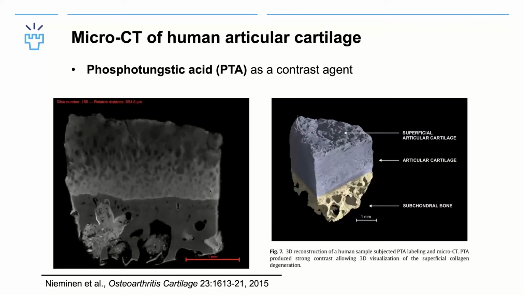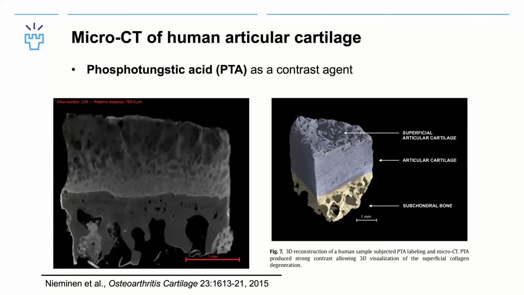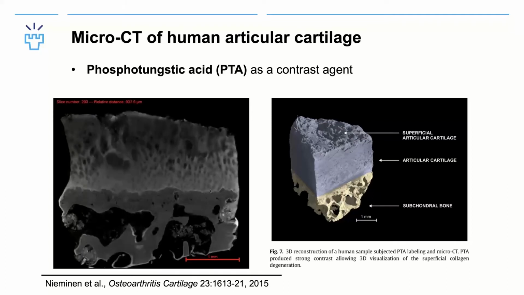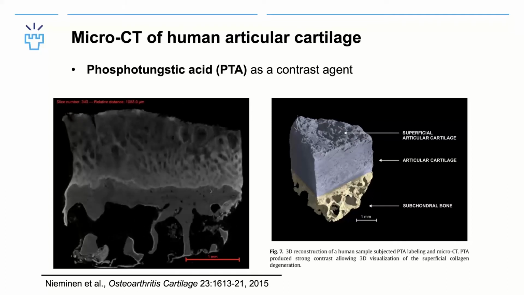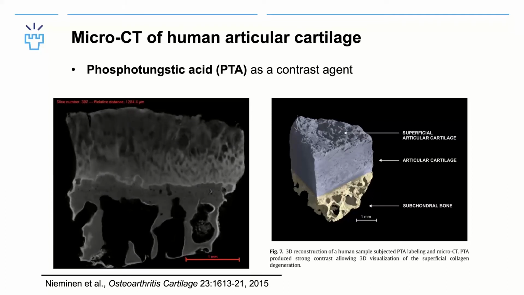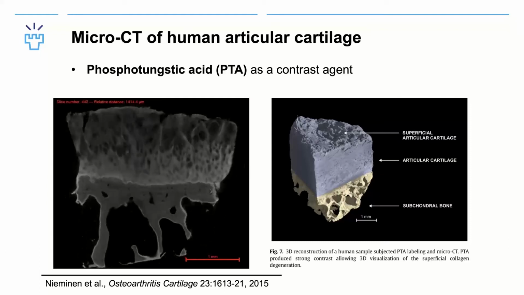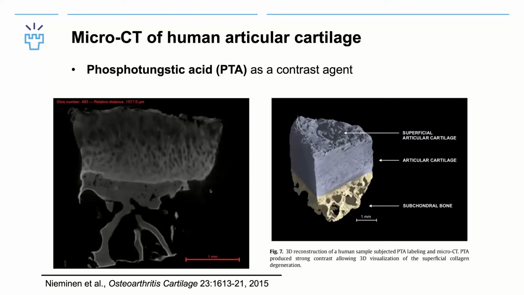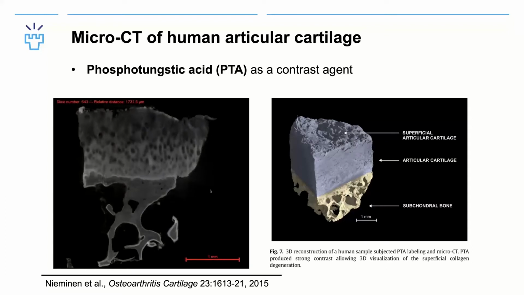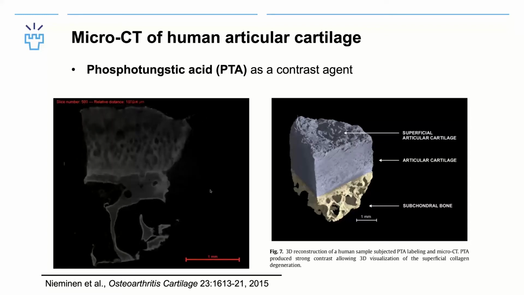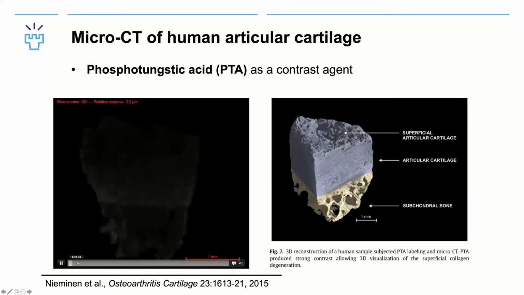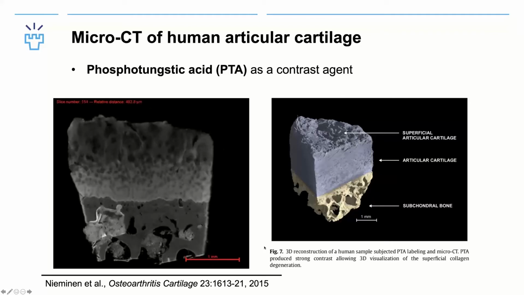We published in 2015 a contrast method using phosphotungstic acid as a contrast agent. Phosphotungstic acid is basically chemically binding to the collagen network of the articular cartilage. Here on the left, you see the slice by slice video.